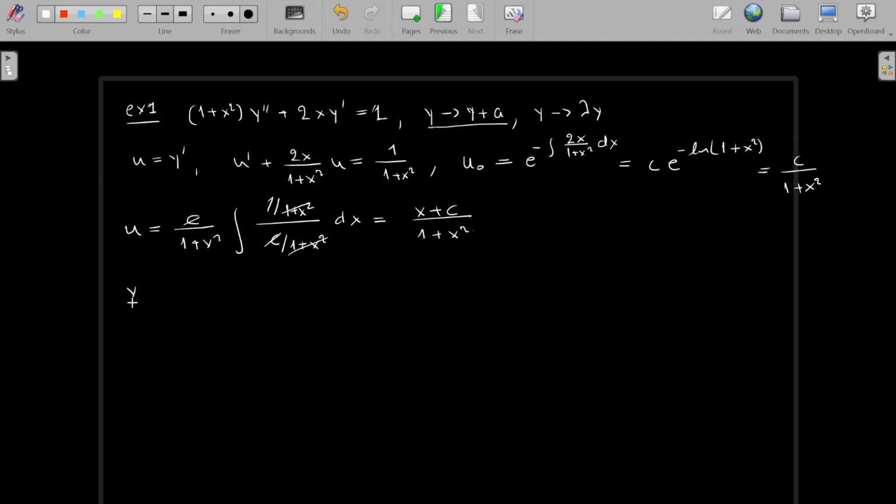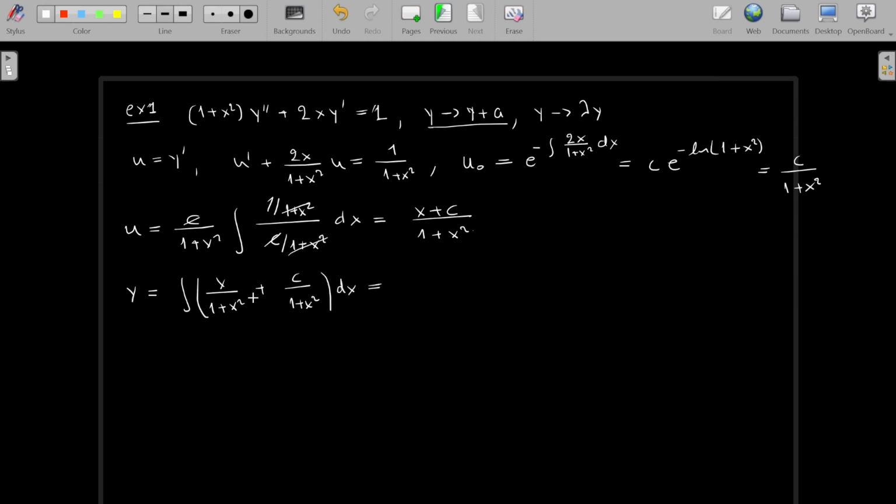And finally, y is just the integral with respect to x of what we found. So x over 1 plus x squared plus a constant over 1 plus x squared dx.